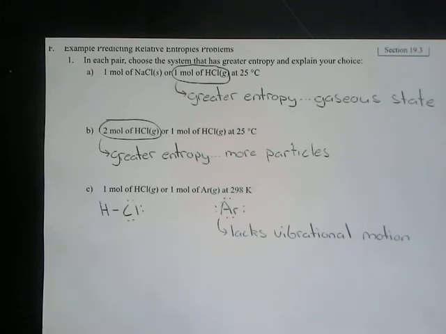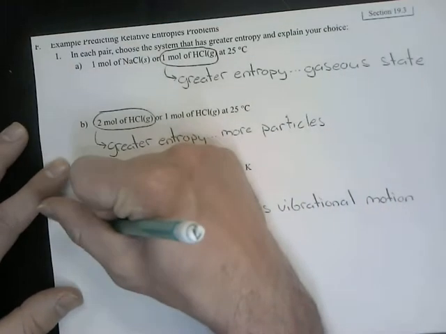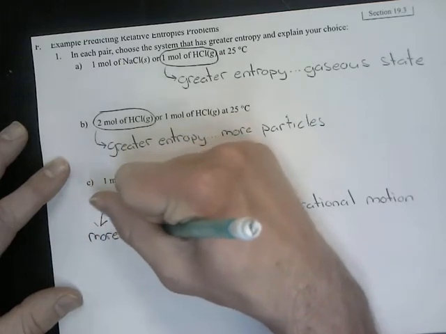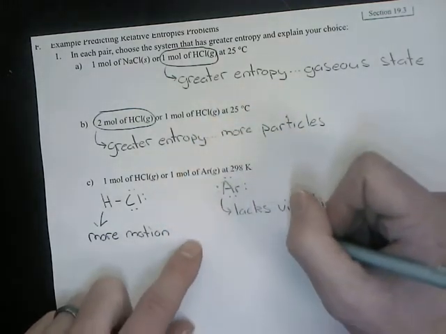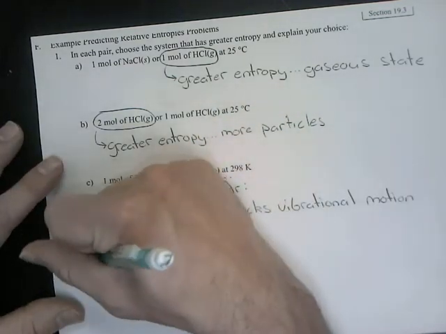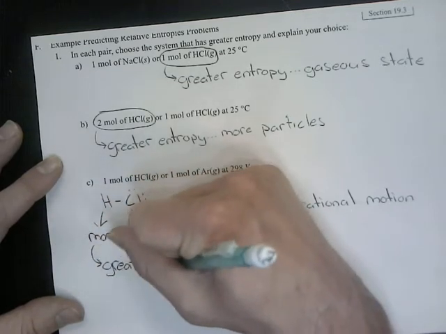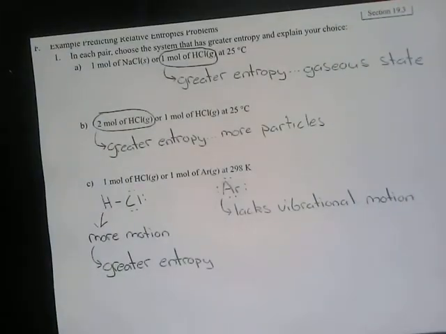That's the reason it's a noble gas, and so it's going to lack that vibrational motion. HCl is going to have more motion compared to that of argon, and so as a result it's going to have the greater entropy. Again, these are all good things to review, to understand, and to help identify what has more entropy and what could increase or decrease entropy.